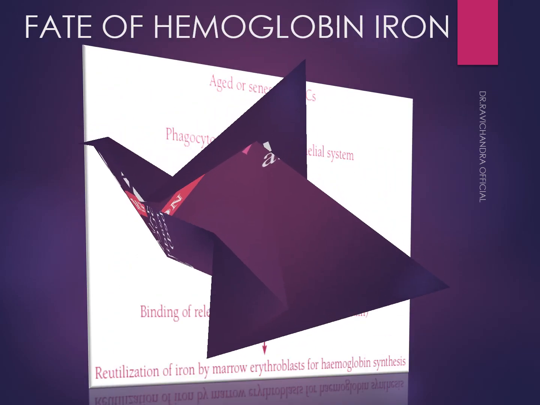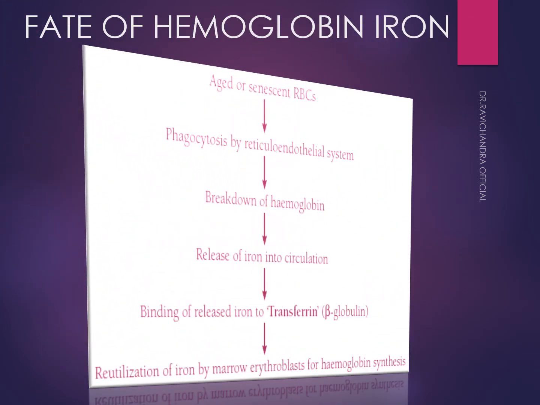Fate of hemoglobin iron. When the red blood cells complete their life, that is, already you know that RBC life span is 120 days, when it is completed, they become aged or senescent.